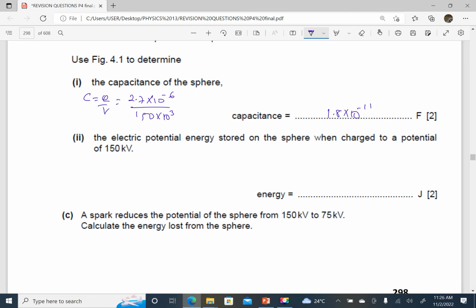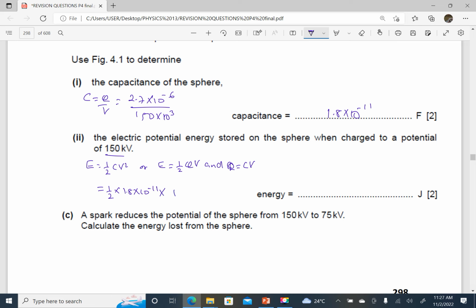The electric potential energy stored on the sphere when charged to a potential of 150 kilovolts. We want electrical potential energy. So energy is a half CV squared, or you could use energy is a half QV, and here you would use Q as C times V. So this is going to be a half times C, which is 1.8 times 10 power negative 11.